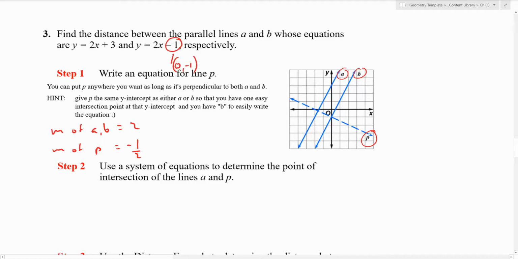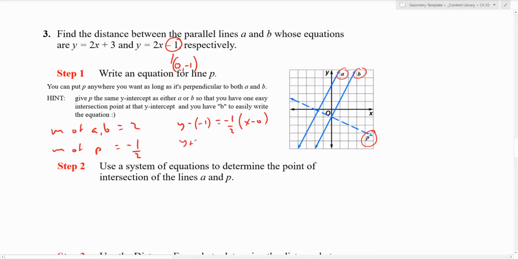So let's go ahead and use that point and this slope to build our equation for line P. y minus negative 1, that's my y1, equals negative 1/2 times the quantity x minus 0. Once again, I'm using 0 and negative 1 for the point, because line P is going to intersect right here at this y-intercept of line B, 0, negative 1.